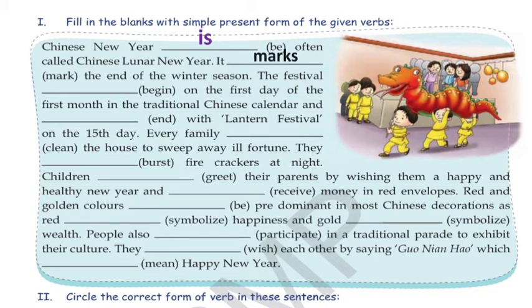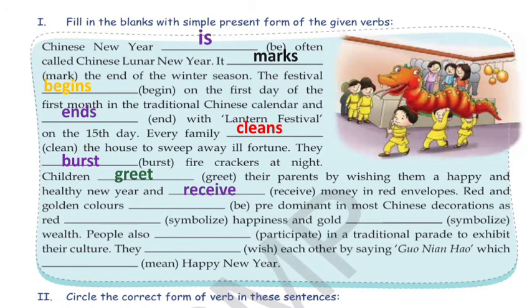The festival begins on the first day of the first month in the traditional Chinese calendar and ends with the Lantern Festival on the 15th day. Every family cleans the house to sweep away ill fortune. They burst firecrackers at night. Children greet their parents by wishing them a happy and healthy new year and receive money in red envelopes.